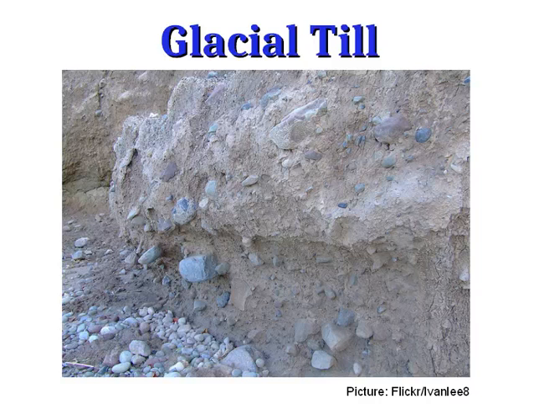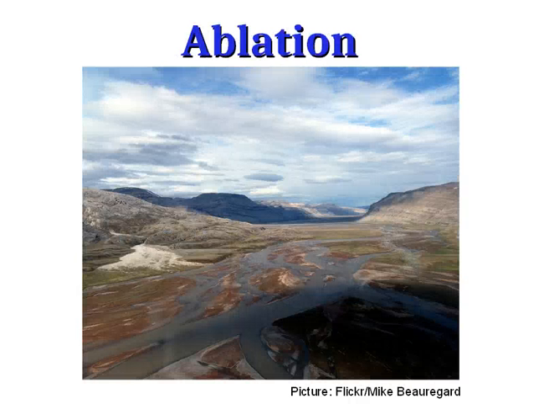So if we've got a zone of accumulation, we've got this glacial ice pushing forward out of the zone of accumulation, scraping across the ground, eventually the glacier is going to start to experience ablation. Ablation is a process of melting of the glacier. The glacial ice will get pushed into an area that's warm enough that it's going to start melting away.